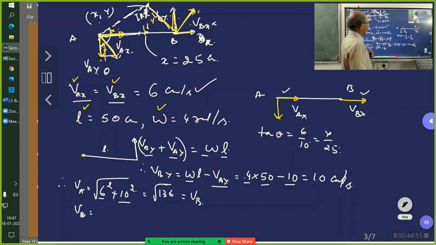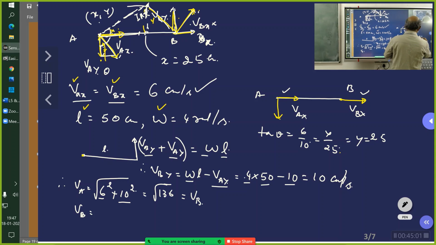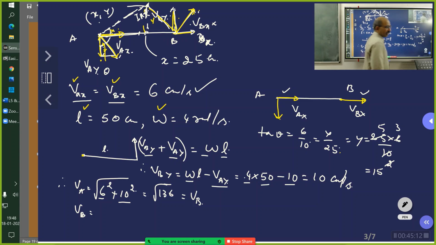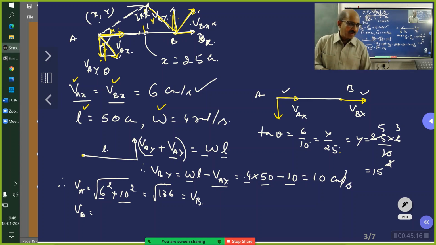So y will be equal to 25 into 6 by 10. Here 5 fives are 25, 2 fives are 10, so 3 by 50. We got y as 15 centimeters. But this is a better way. Go by vectors, you will find it much easier.